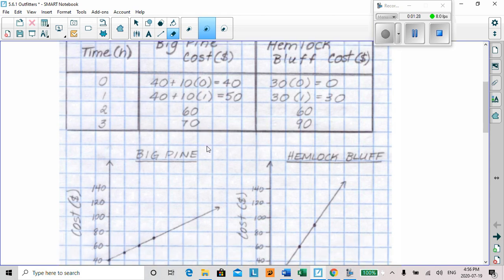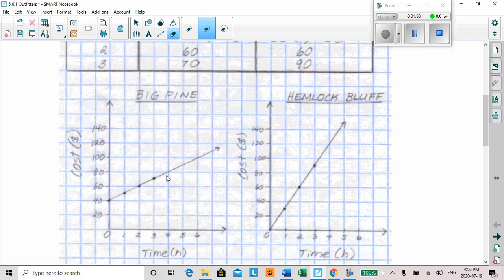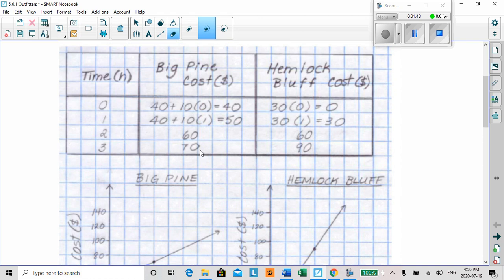And then here's the graph for Big Pine. It starts at 40 for 0, and then at 1 it's 50, 2 hours is 60, 3 hours is 70, and then it continues on for more hours. For Hemlock Bluff, it's just $30 per hour.